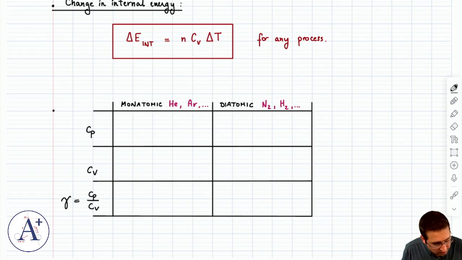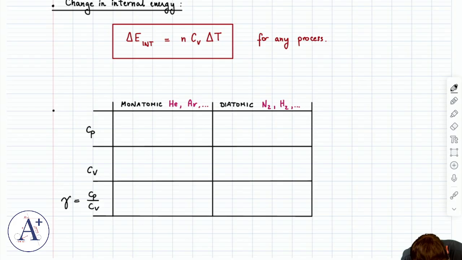So what is going to be Cp? Cp, first of all, just as a reminder, is the specific heat at constant pressure versus Cv is the specific heat at constant volume. It turns out that when you heat a gas, it matters. Its ability to absorb heat depends on whether you heat it at constant pressure or at constant volume, and you get 2 different values.